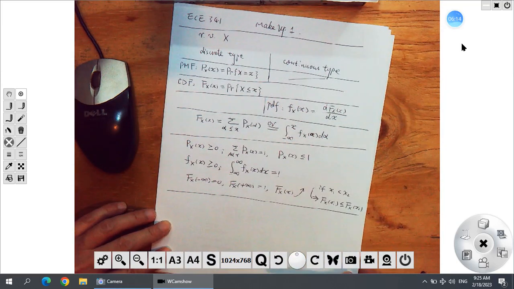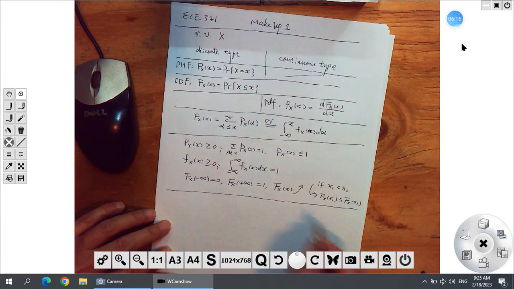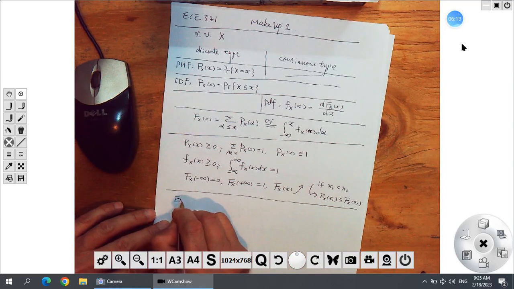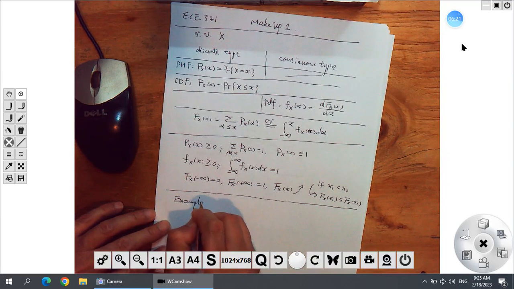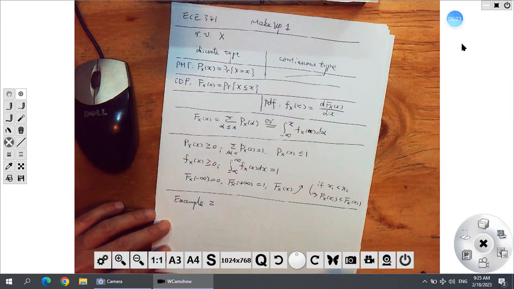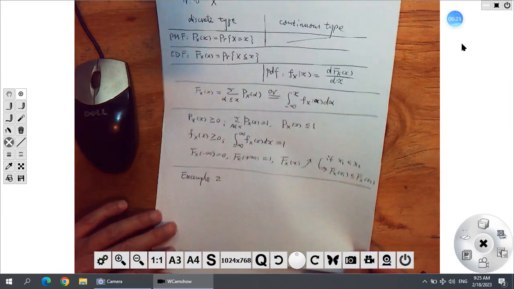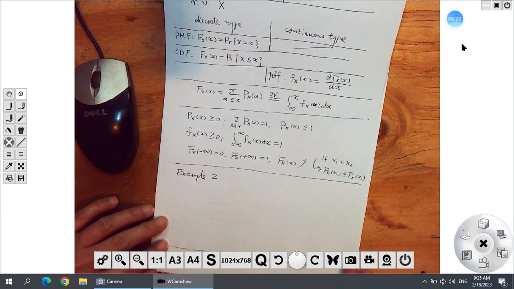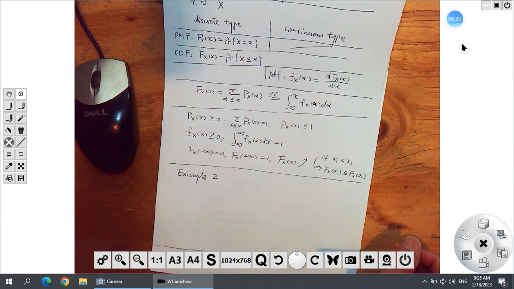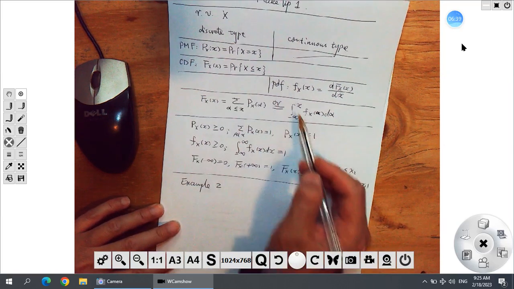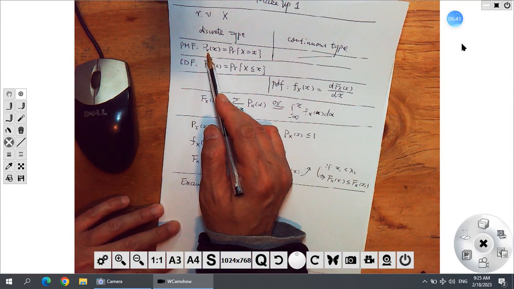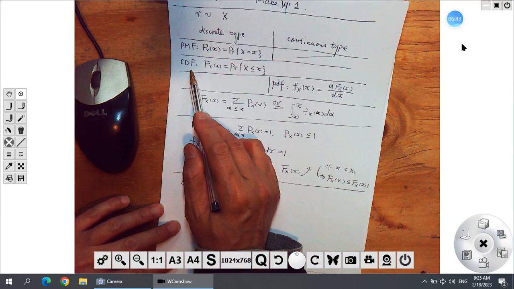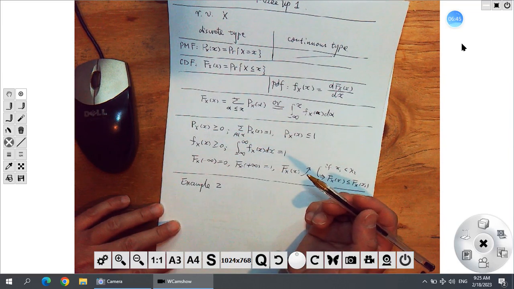Now we consider some examples. Example 1. Actually, last time we already studied some examples, right? In previous classes, we were given the PDF or PMF, and tried to find the CDF and then calculate some probabilities.